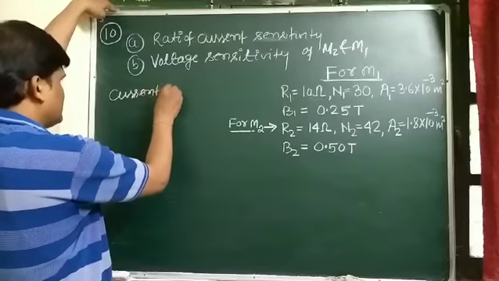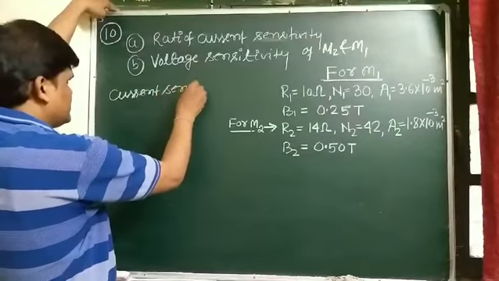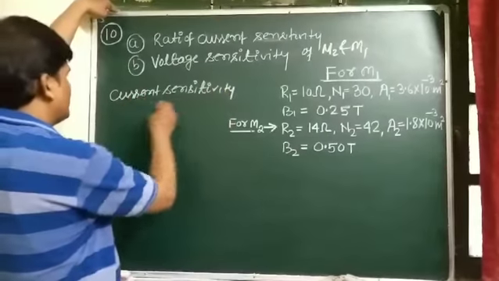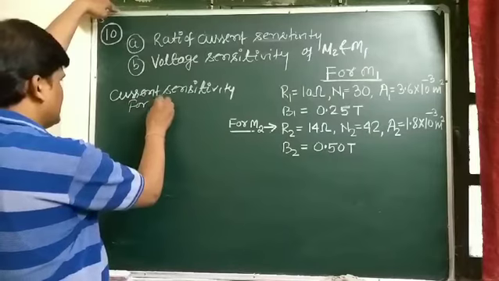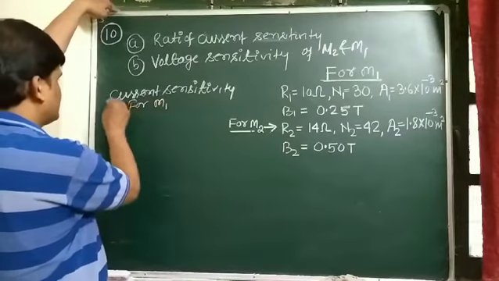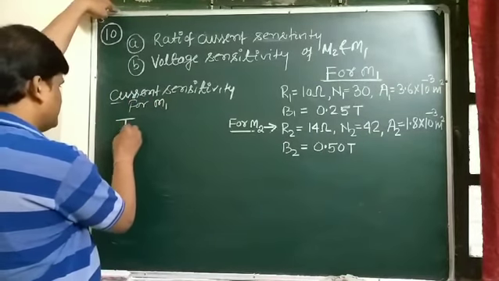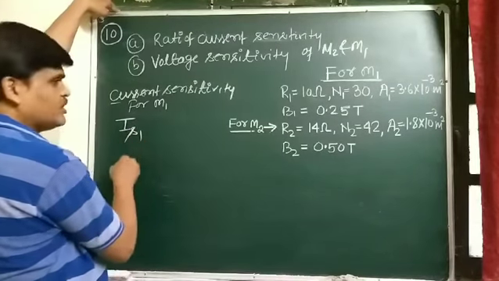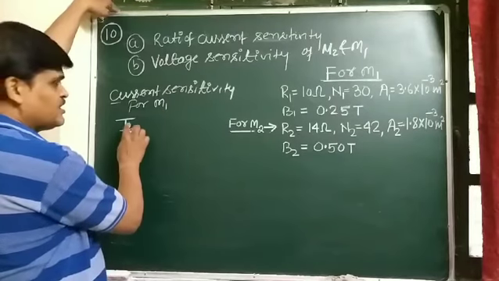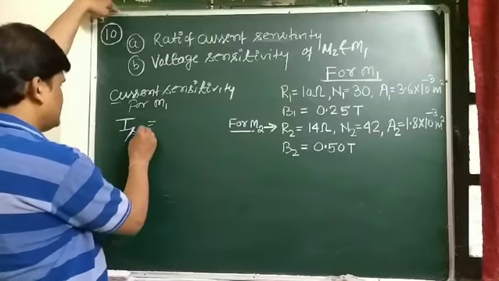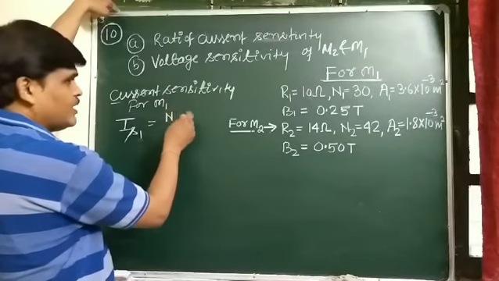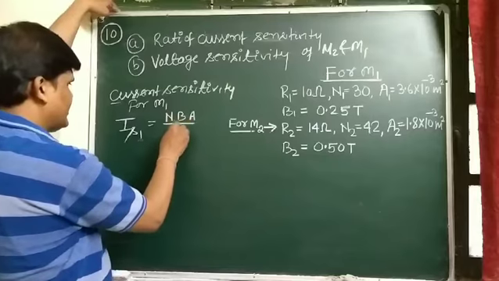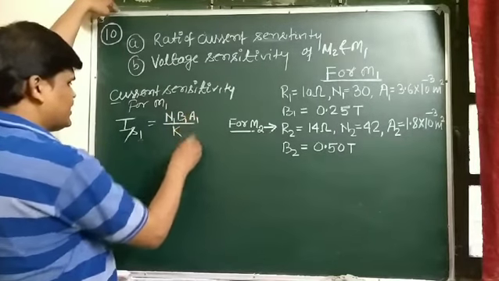Suppose for M1 the current sensitivity is IS1, which is NBA by K. So here N1, B1, A1 by K.